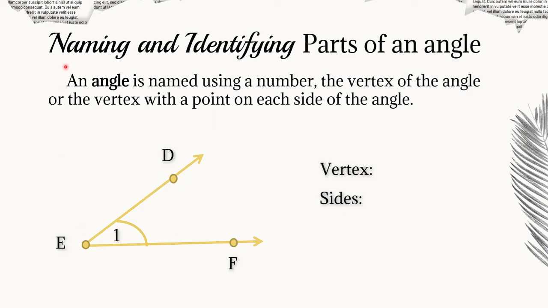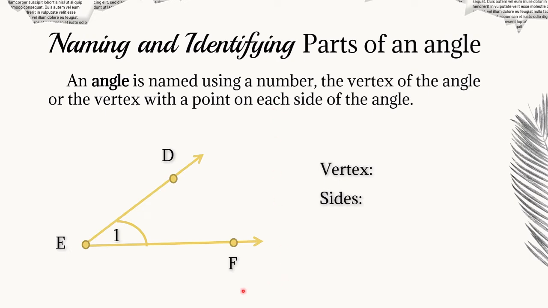How to name and identify the parts of an angle. So, paano natin papangalanan? An angle is named using a number, the vertex, or the vertex with a point on each side. Next, identifying the parts of an angle.